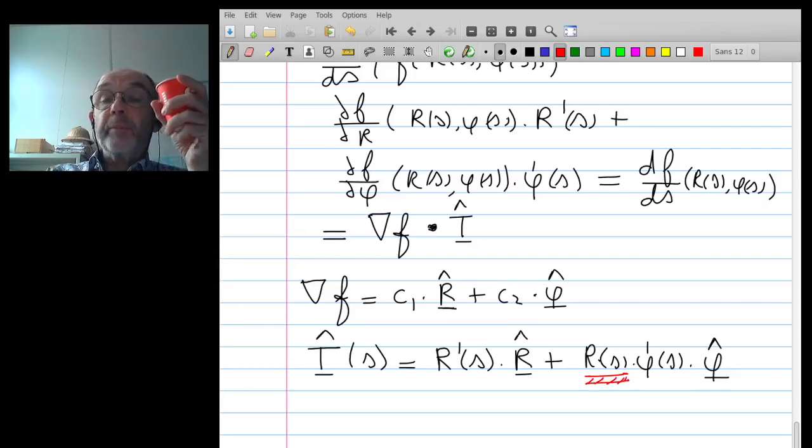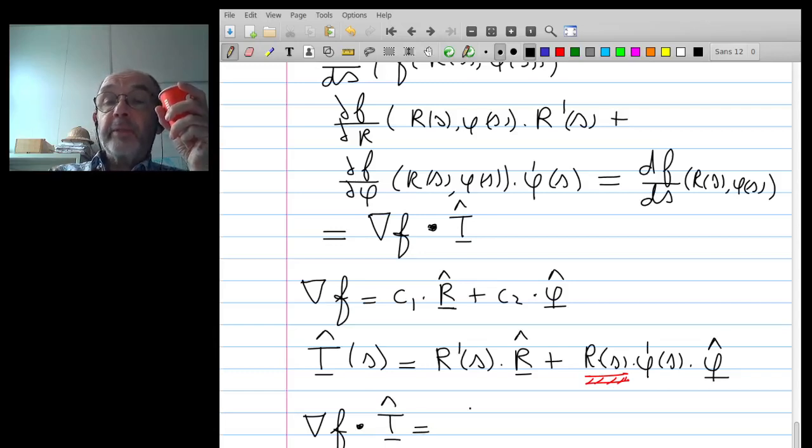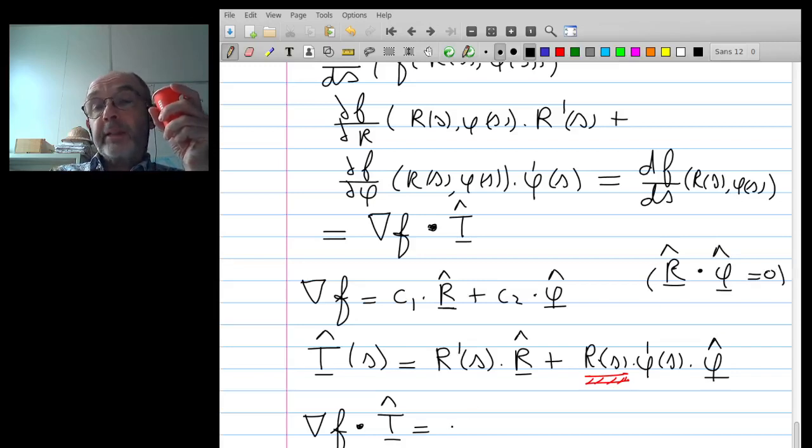Now if you calculate the inner product of that vector with the unknown c's with that tangent vector, we know that those unit vectors are perpendicular to each other, so the inner product of these two will always be 0. And what do we get out of it?